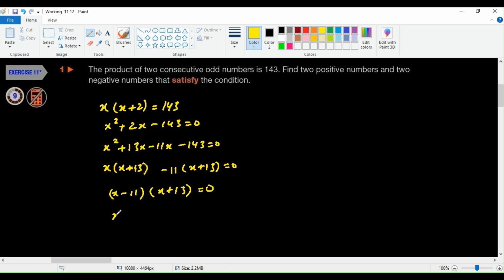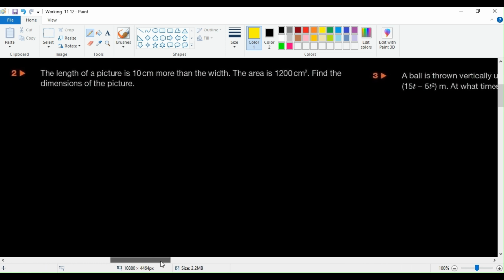Now this means that x is equal to positive 11 and x equals negative 13. So these are the two possibilities to give us 143. Or you can say 11 times 13, and negative 11 and negative 13 are going to give us 143. Moving on to question number 2.